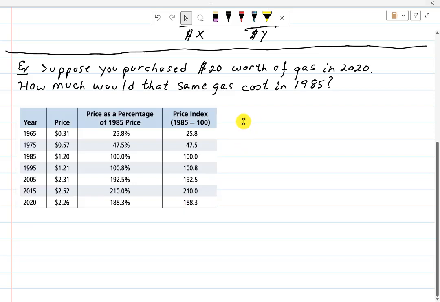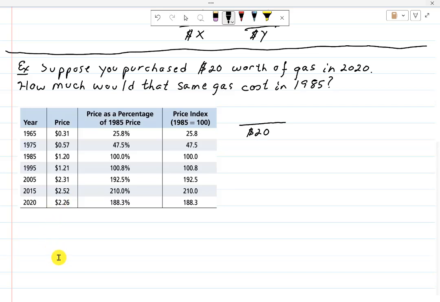So what we can do here is set up an equation, or a proportion is a better way to put it. And I could take a look at the $20 worth of gas. Let's say here, I'll put it on the bottom. And that was in 2020. So a reference number that we can use for 2020 is this price, probably per gallon if I had to guess.